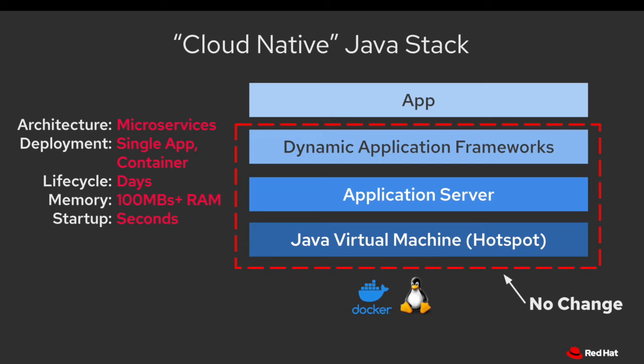The problem is that the centerpiece of this architecture, Java, still has dynamic behavior, and you run it on a JVM. This is not a perfect architecture to optimize for immutable infrastructure like Kubernetes and Linux containers. There's no change at all.